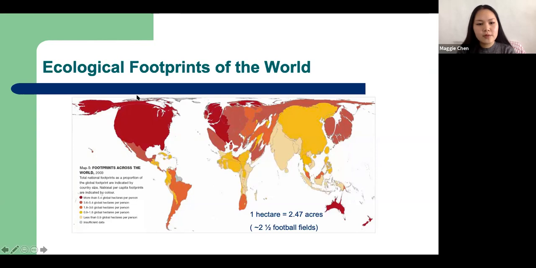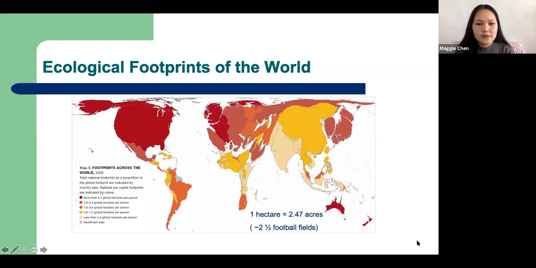We can see that Northern America is one of the darkest reds around. Again, this is looking at global hectares, or ecological footprint, per person. And we can see that overall, highly developed countries have a higher ecological footprint per person.